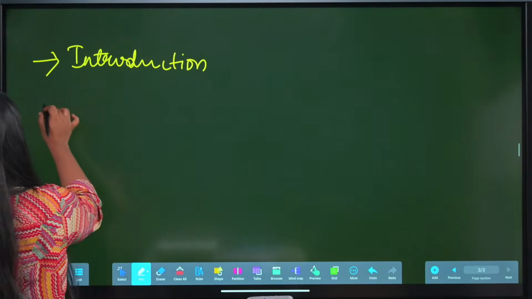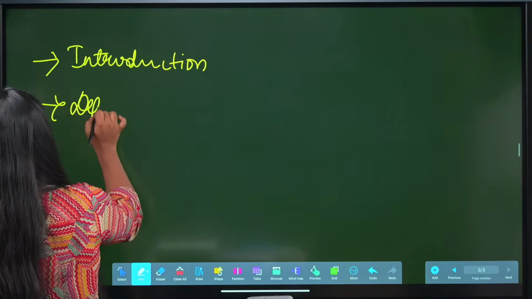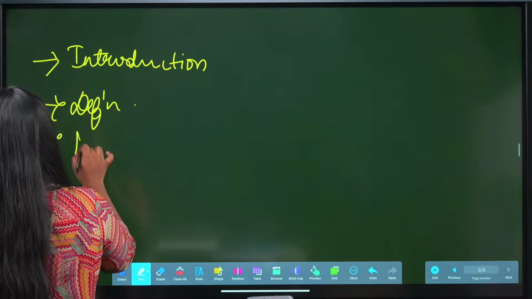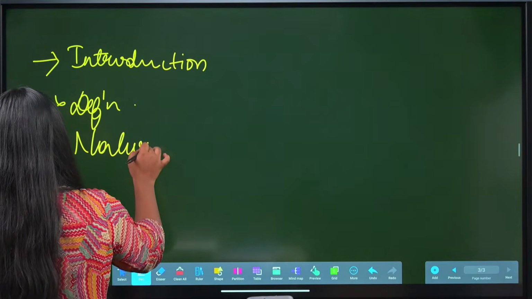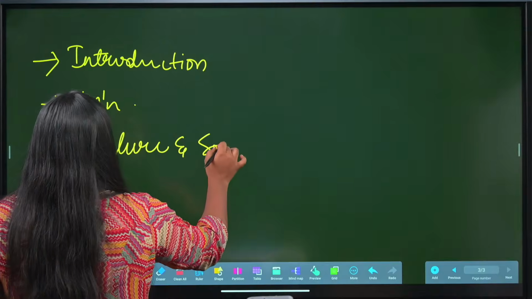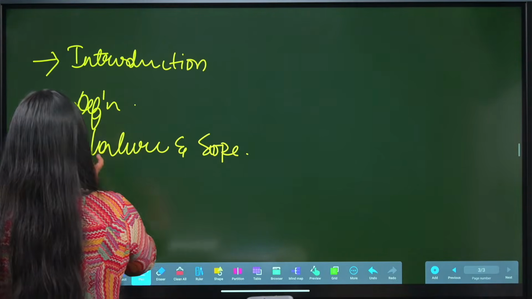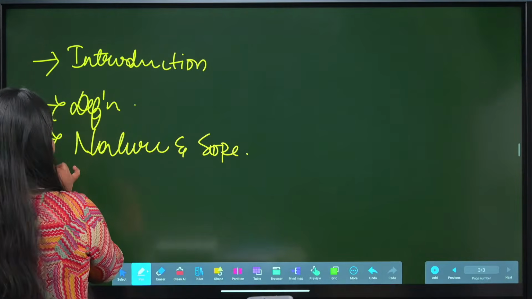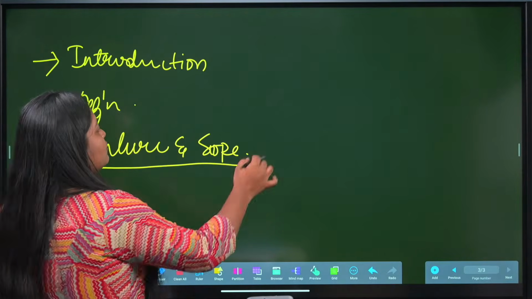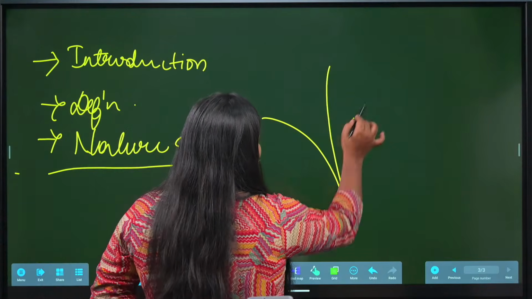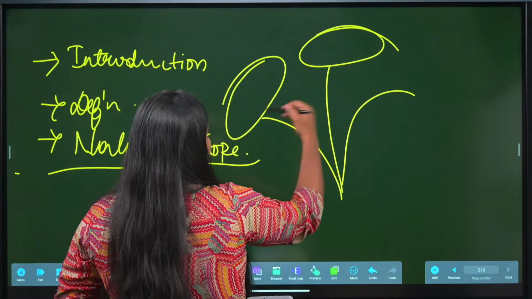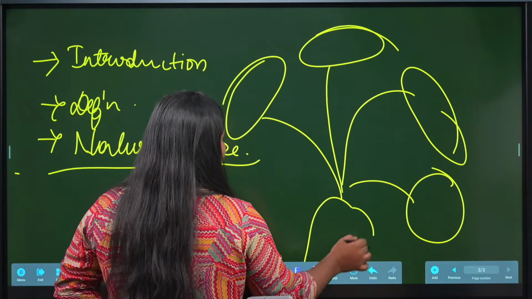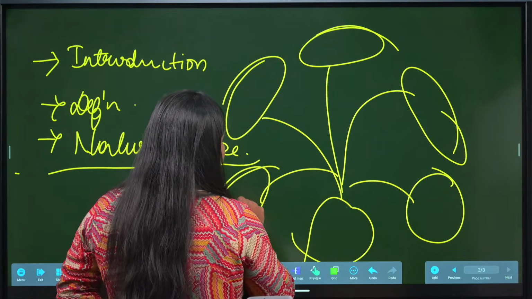That is why: introduction, definition, then nature and scope. This is the major thing. Use flow charts. Write down, for example, the role of the nurse in clinical sociology. Write it like this.